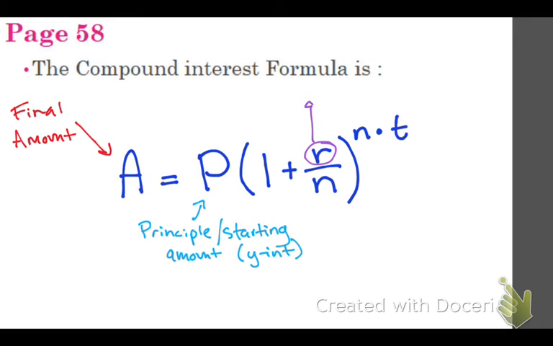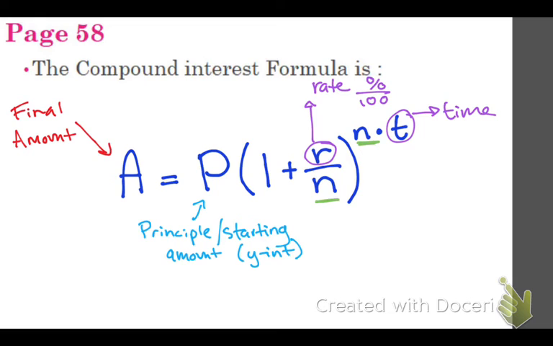Our rate is R, and that's always going to be written as percent over 100. Our T is still going to be time, how much time is passing.